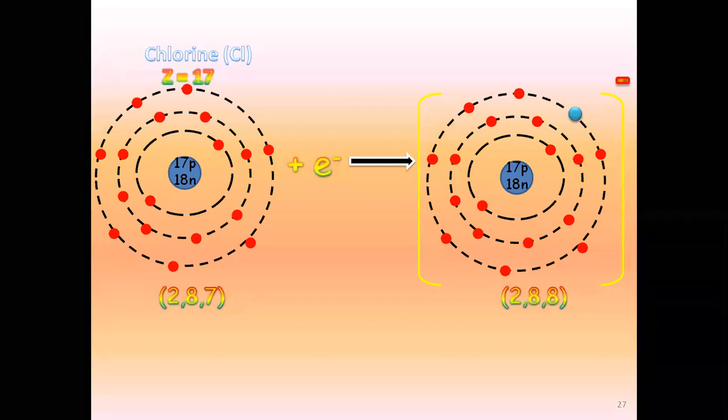Cl minus जो बन गया ना, उसको बोलते हैं chlorine ion or chloride ion, which has negative charge. Sodium donated an electron, Na has now become Na plus. So Na plus is also an ion. After donating, it gets a positive charge. After accepting, it gets a negative charge.